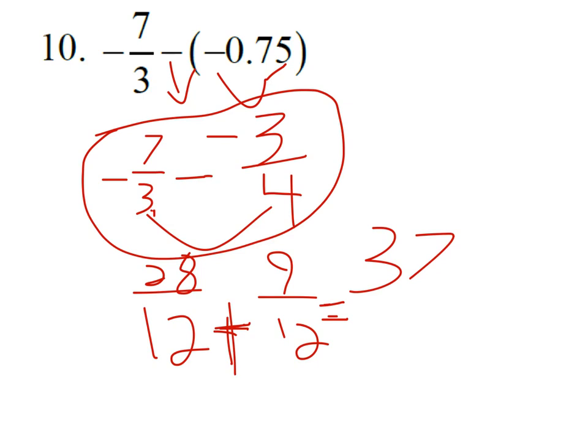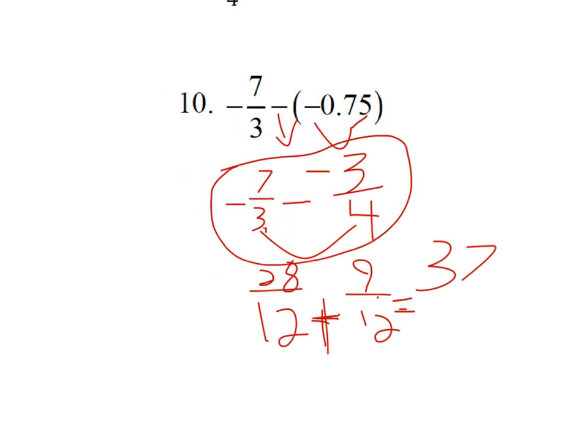I'm holding up 4, so it'd be 7 times 4, which is 28. With it, 4, 8, 12, 3 times 3 is 9. And then, so 37. Can we simplify this? No. Am I right?